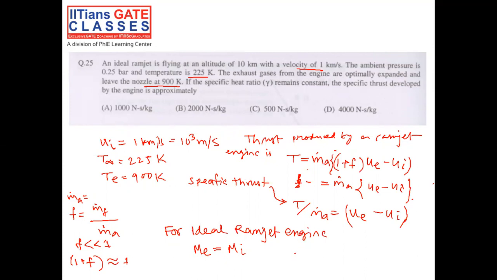So we can write the ratio UI by UE as MI AI into ME AE, as MI is basically the ratio of UI and AI, and ME is UE and AE.